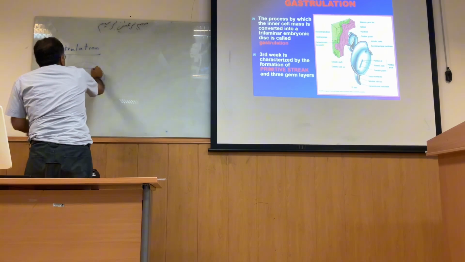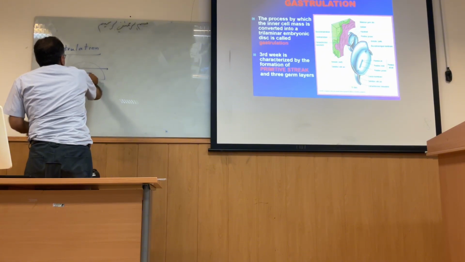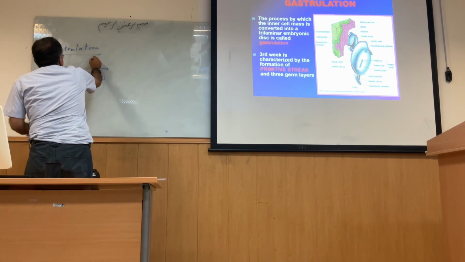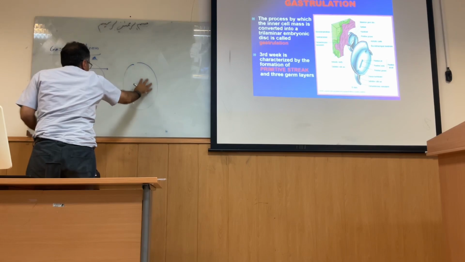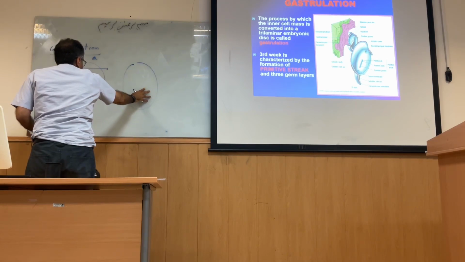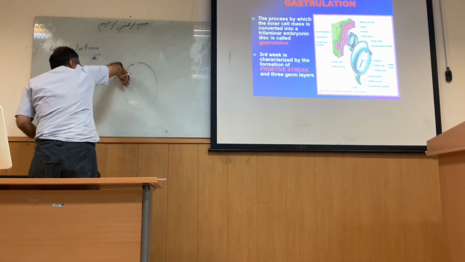If I cut the top of this amnion cavity and I stay in here, I look down, what is the name of this layer? Epiblast. This is all of this layer. Where is the hypoblast? It's under this.